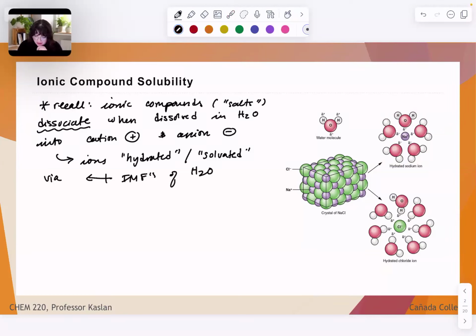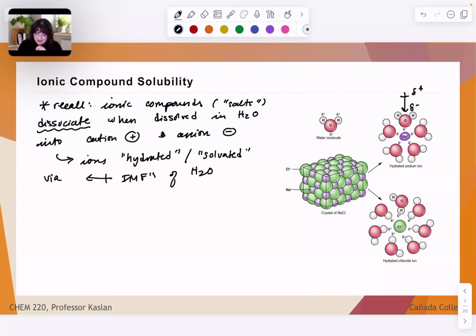Looking back at our sodium here, this sodium cation over here on the right, notice that all of the dipoles of water are organized so that the partially negative region of the molecule is attracted to that positive charge.